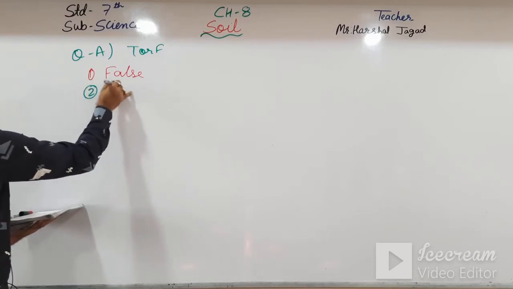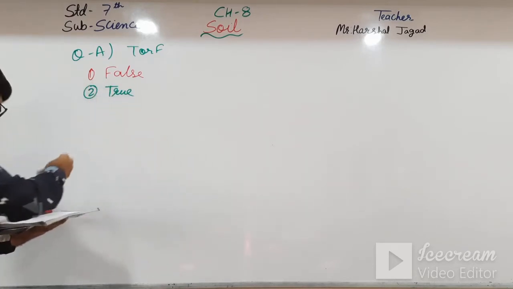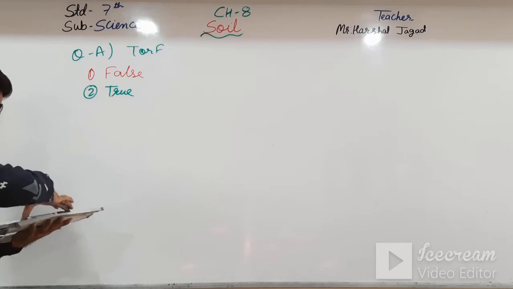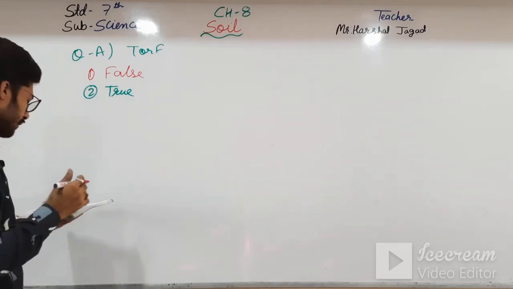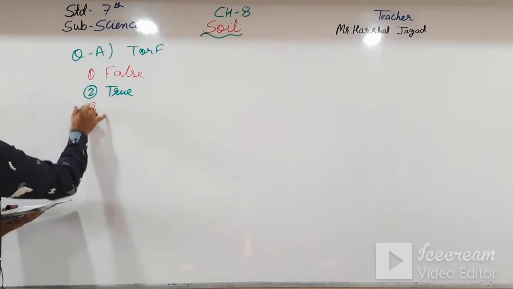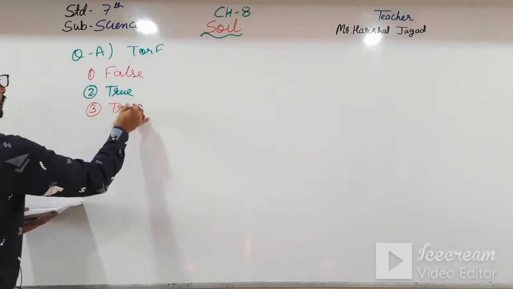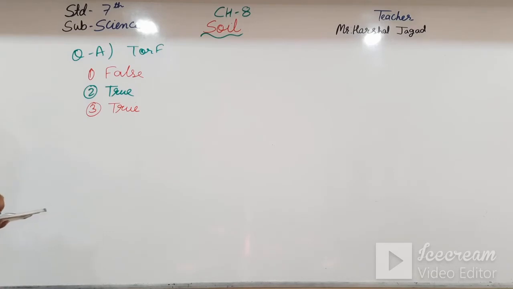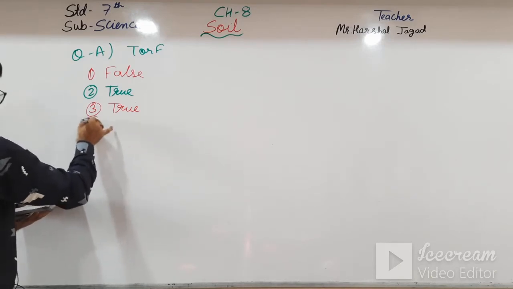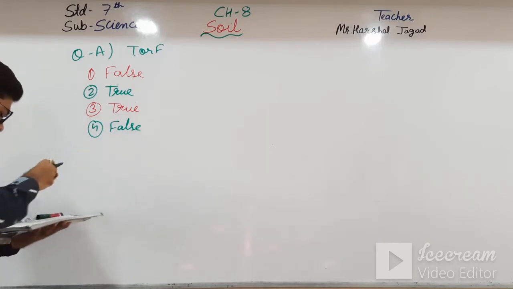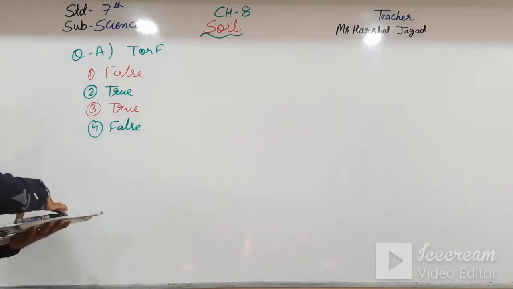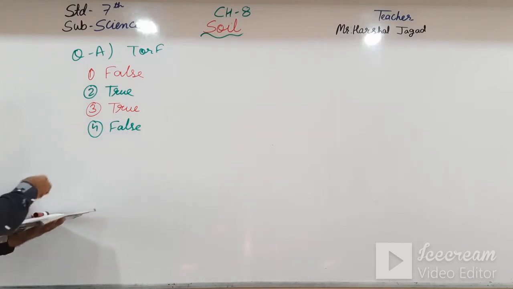Third: the rate at which water can pass through soil is known as the percolation rate, that is true. Fourth: the more porous the soil, the lower its percolation rate, that is also false.